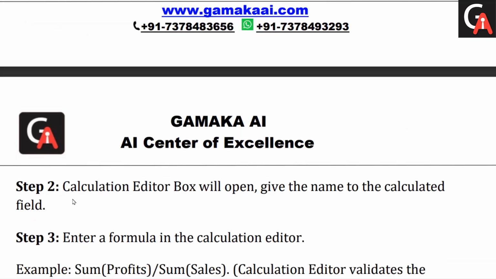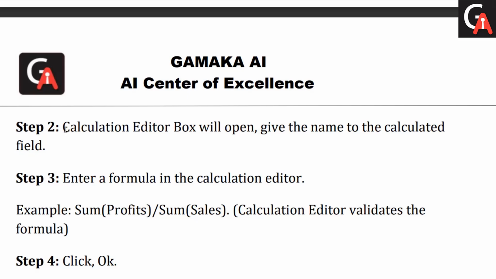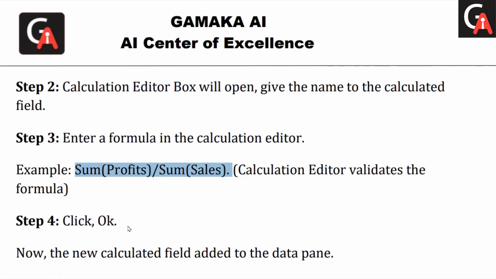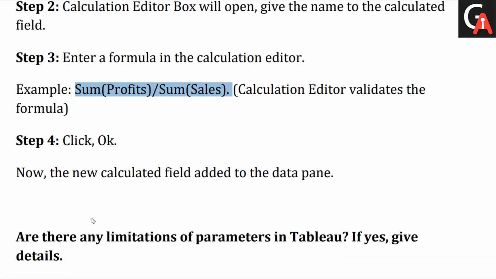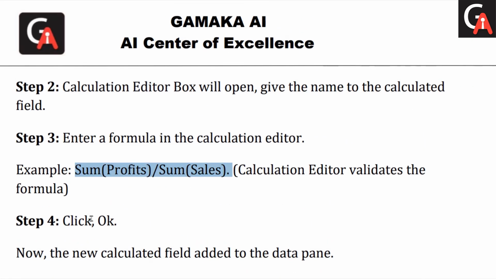Once it is created, you can go into the calculation editor box, and in that field you can just enter your calculation, something like sum of profit divided by sum of sales, and then just click OK, and the calculated field is now available in your field pane.